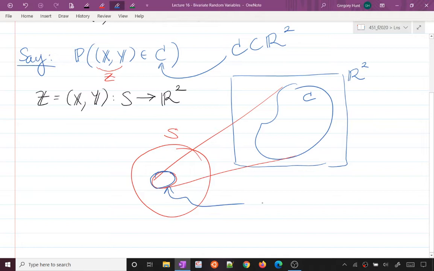So here would be my set Z inverse of C, and you could ask about the probability of this set in my sample space.